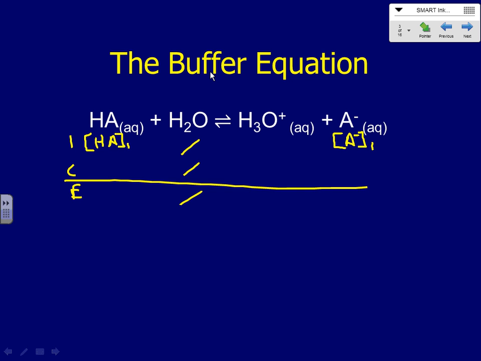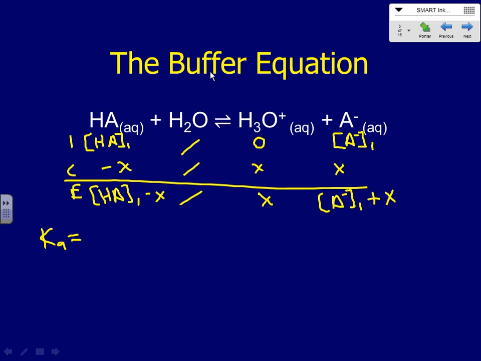So we're going to assume it's going to shift to the right because there's no H3O plus. It'll shift in such a way to produce some of that. So we're going to have a minus X. We're going to have an X and an X. And so we're going to have HA initial minus X, X, and conjugate base initial, and that is plus X. And we're going to put it in the equilibrium expression, the Ka in this case, and I'm going to go straight to these things here.